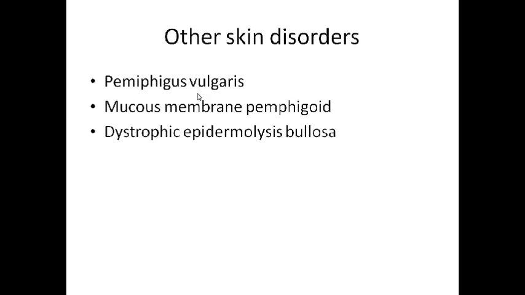It actually separates some of the superficial layers of the skin. Same thing with mucous membrane pemphigoid. That's more of an internal autoimmune disease. And then dystrophic epidermolysis bullosa is a very unfortunate condition where we actually have breakdown of the skin with that.